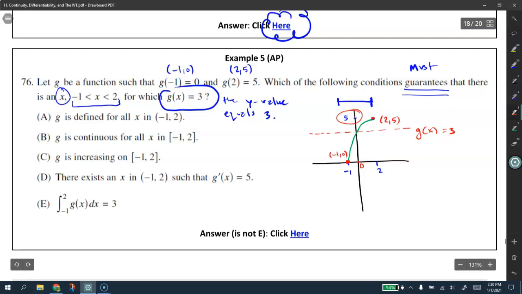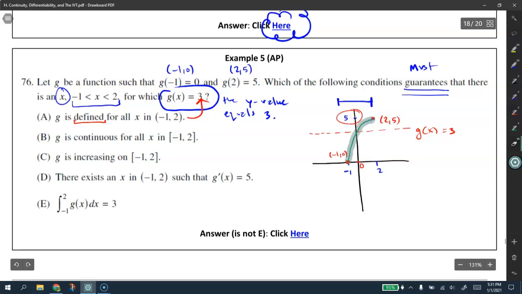That's not necessarily going to work for us. Remember, defined means it's got a y value everywhere between -1 and 2. But that doesn't guarantee us that there is going to be some value that's actually equal to 3, all right? If you're wondering, well, can you show me how that wouldn't work?